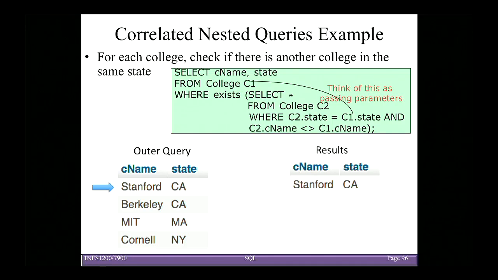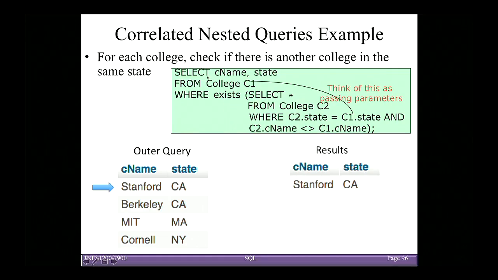Let's see an example. So let's say I want to find, for each college, whether there's another college in the same state. So I'm returning colleges such that there is another college within the same state. We're going to come back to this where exists, so we'll talk more about that later.